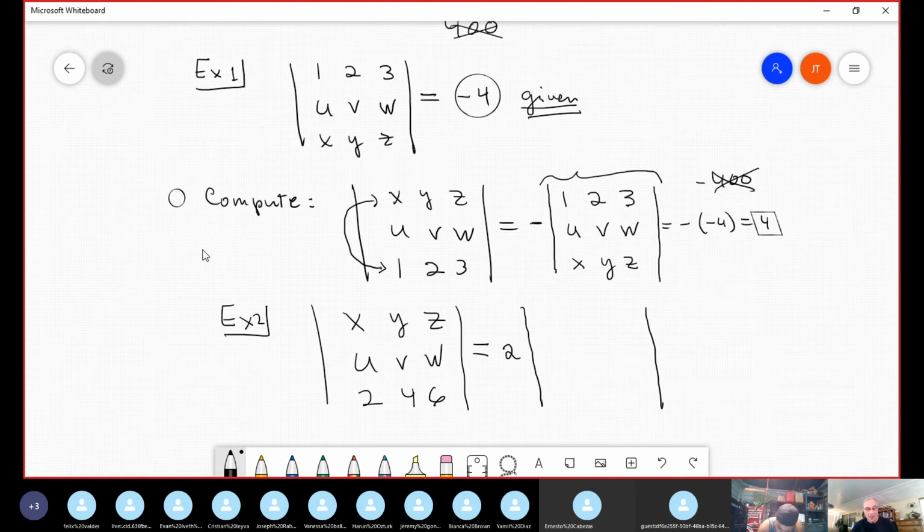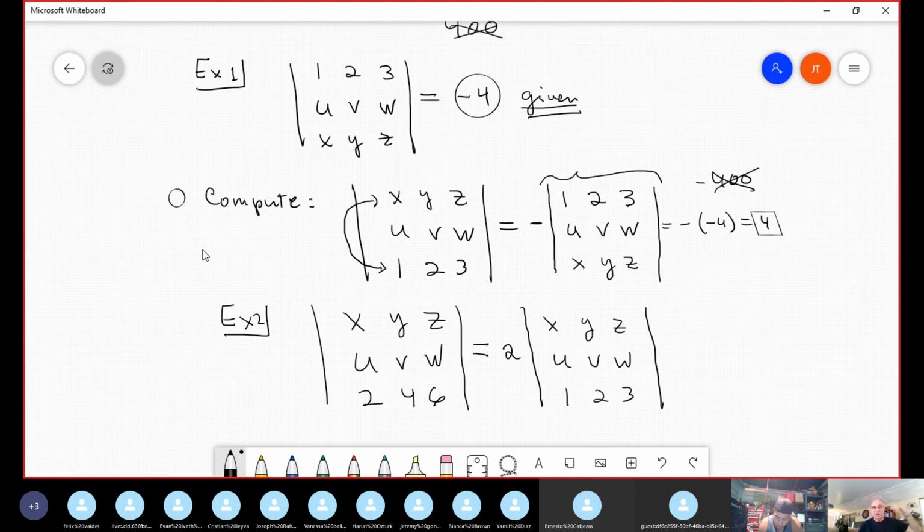I apply the property in the inverse direction: not multiplication, but factoring out. Then X, Y, Z, U, V, W, 1, 2, 3.